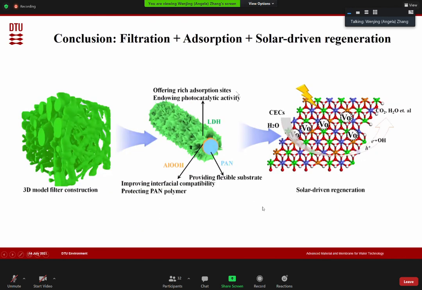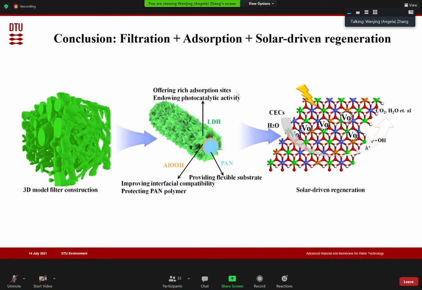So as a conclusion for the first project, our concept is, first, we start with a 3D construction of nanofibers. It's a polymer substrate, so there is flexibility in it as well.